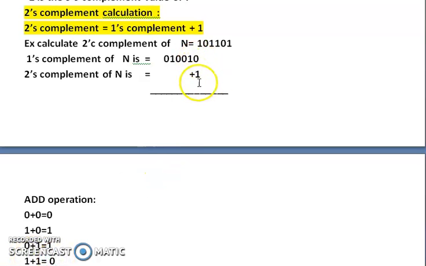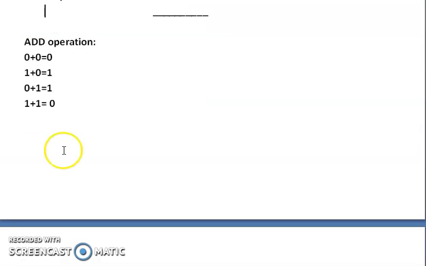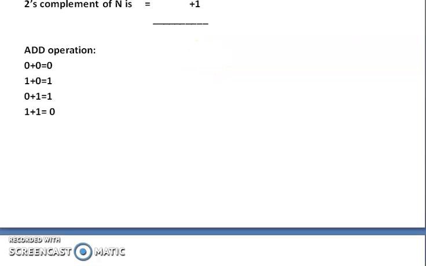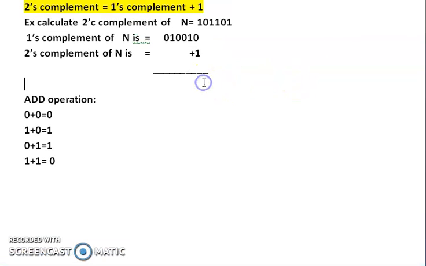So 0 plus 1 means 1. Again 1, 0, 0, 1, 0.